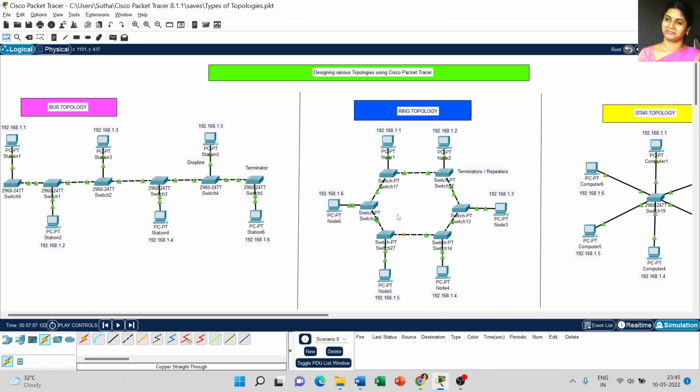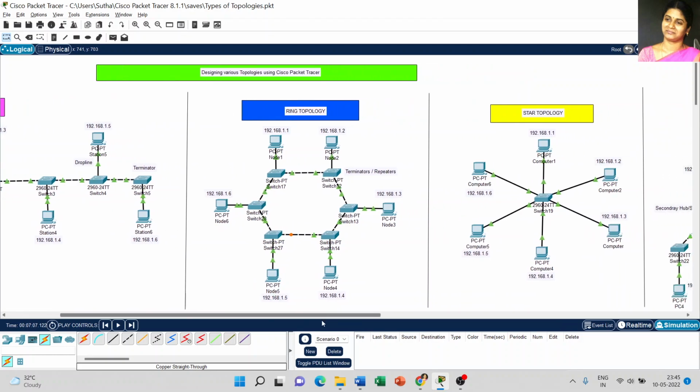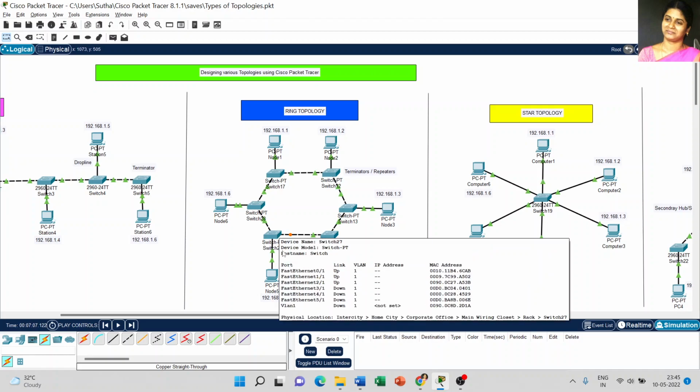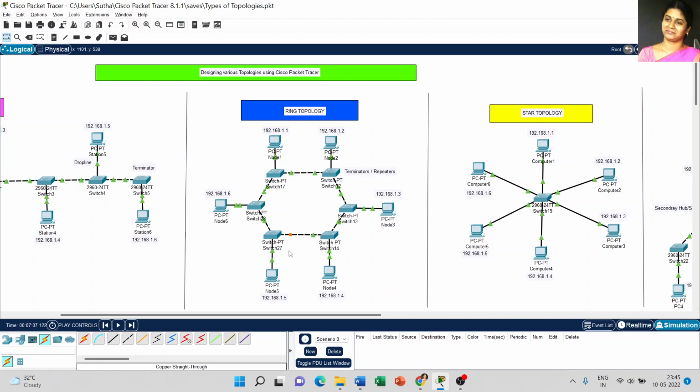In the same way, when we compare with the bus topology, here in ring topology we have two directional ways to transmit the data, and at the same time it may not create too many collisions over the network. So we have network collision, but compared to bus topology, the network collision is low. That's the important part here.